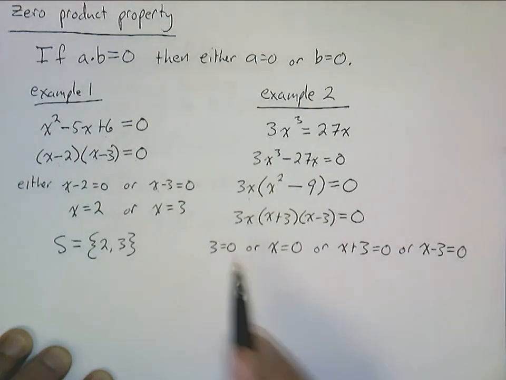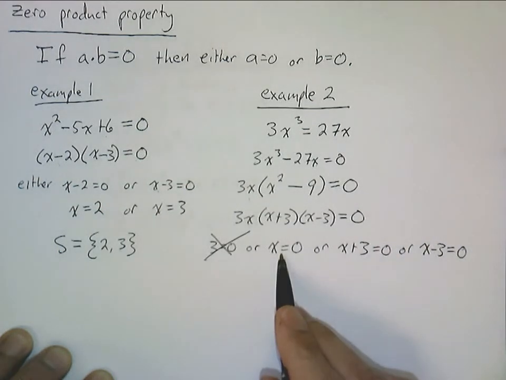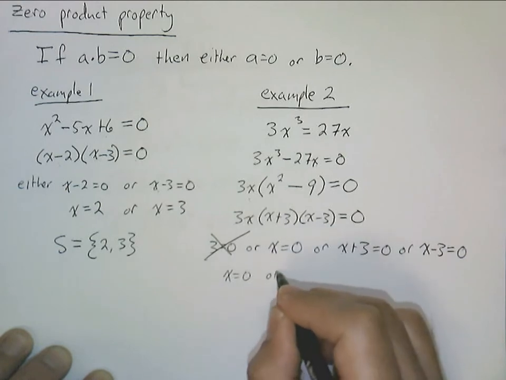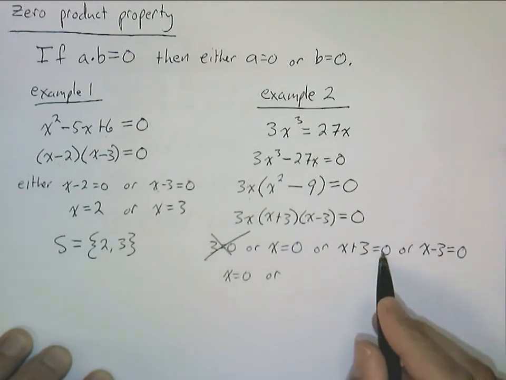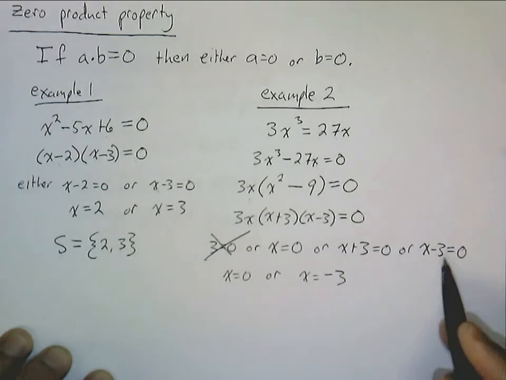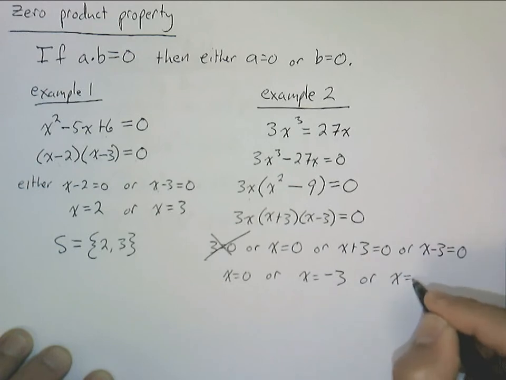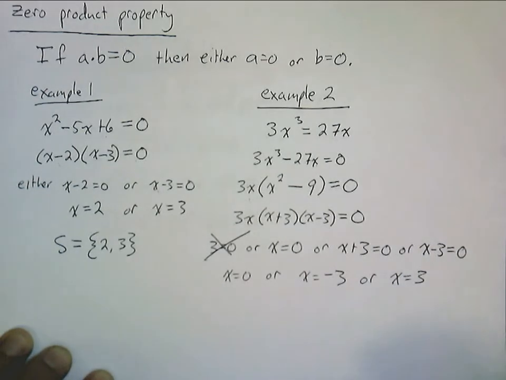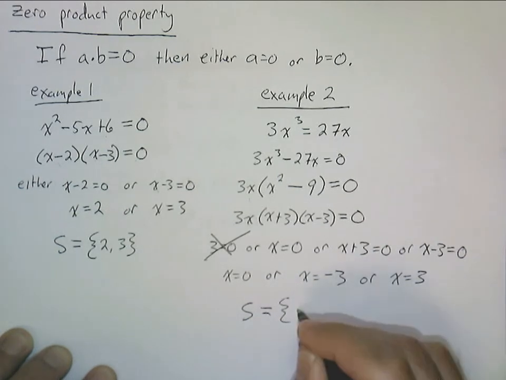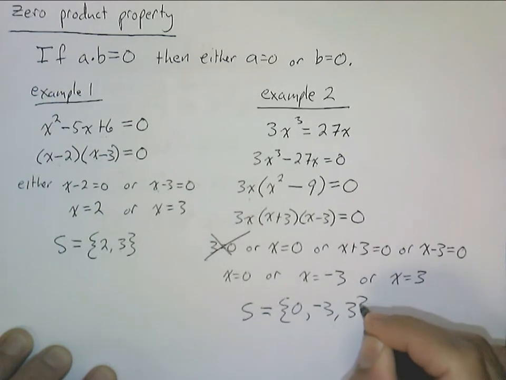Well, obviously 3 cannot equal 0, so we just throw that one right out. x equals 0, okay, so that's one possibility. Or if x plus 3 equals 0, then clearly x has to equal negative 3. If x minus 3 equals 0, that means x has to equal positive 3. So now our solution set S consists of the numbers 0, negative 3, and positive 3.